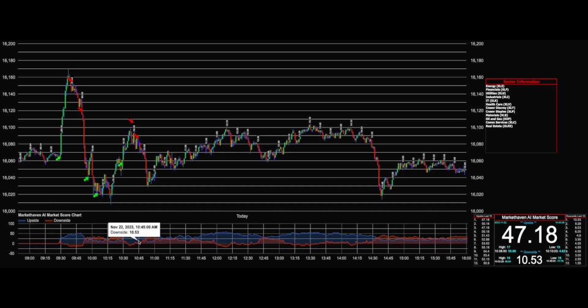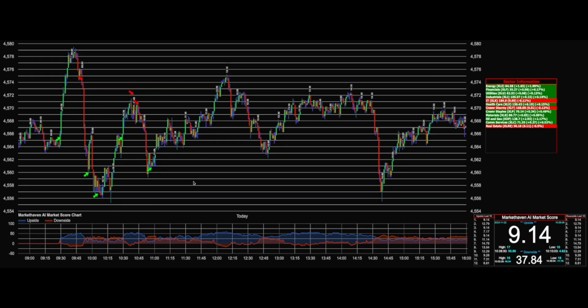That entry is approximately 16,079. You would ride this. The downside is continuing to move up. You start to see sideways movement in here, and once you get into here, these candles are relatively at the same height. But I put my exit at 10:58. So this exit right here would be 16,043 for 34 points.